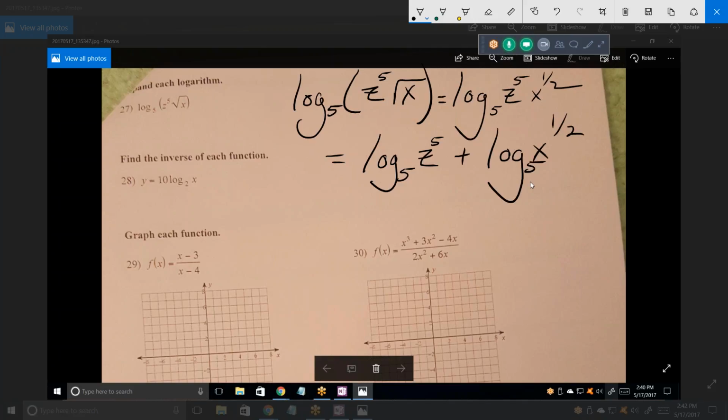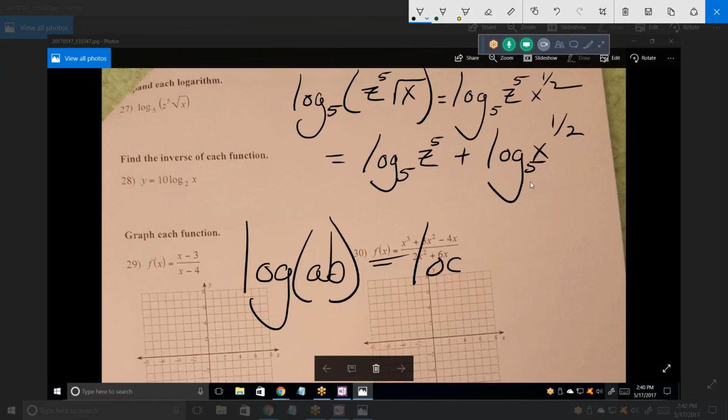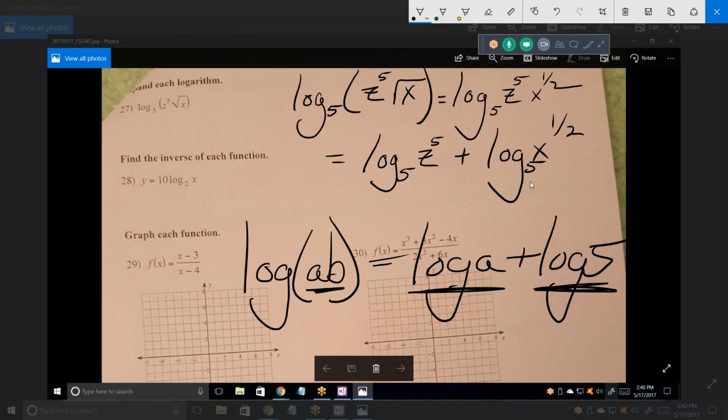In other words, the log rule that we're using is the log of a times b equals the log of a plus the log of b. Super important. If I'm doing multiplication in the argument, I'm doing addition with two separate log expressions. So you see how I got from there to there?